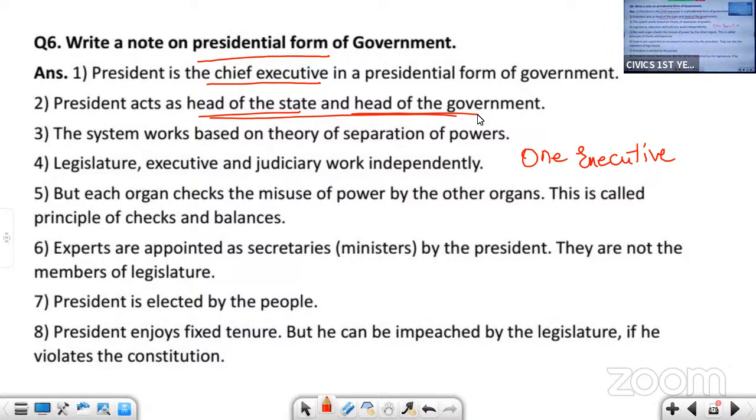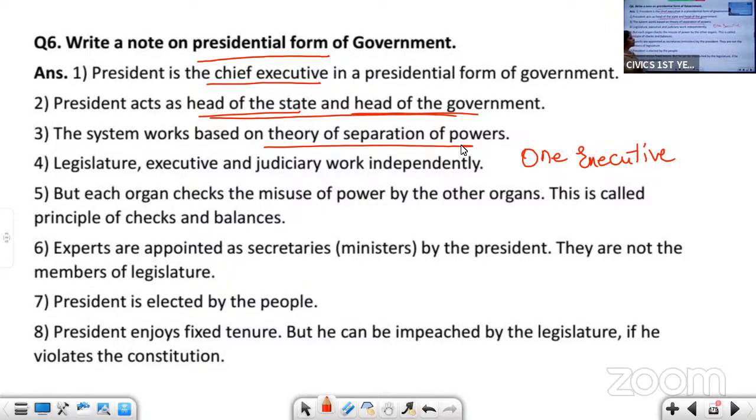Okay. And the presidential form of government functions on the basis of the theory of separation of powers. I told you yesterday, Montesquieu gave this theory of separation of powers, where the powers of all the three organs are divided and each organ will check the other organ.